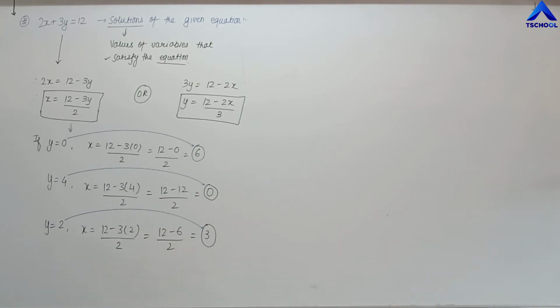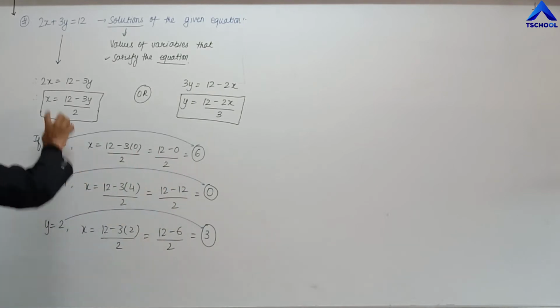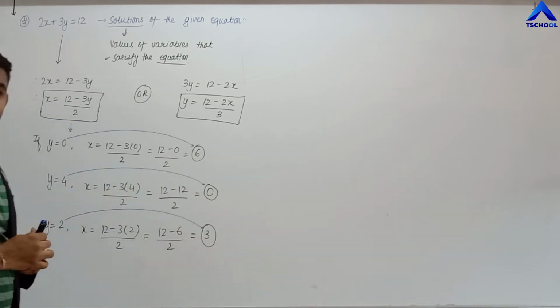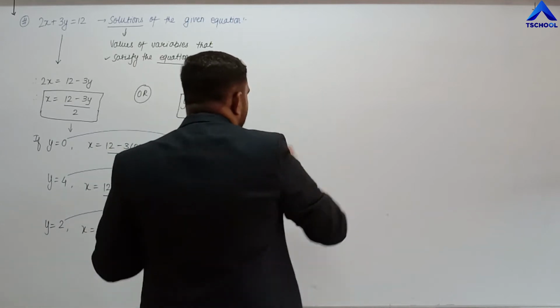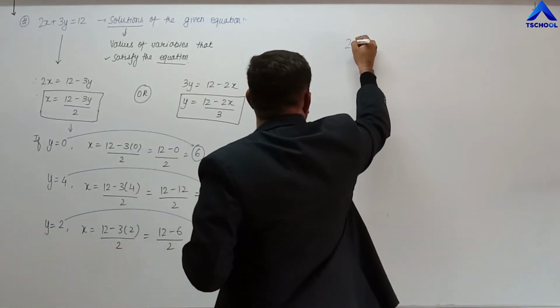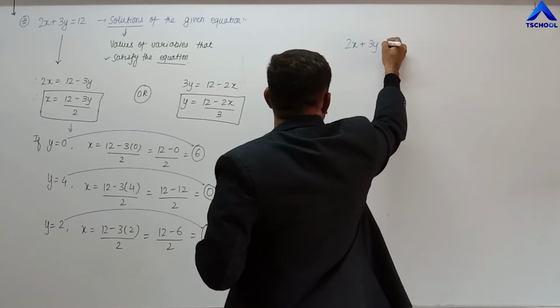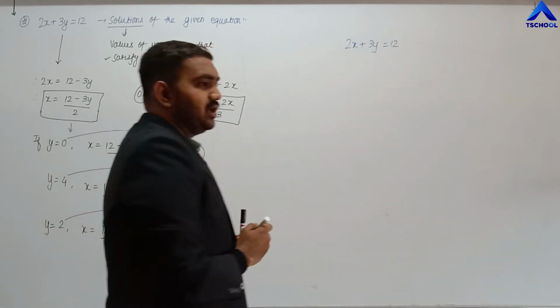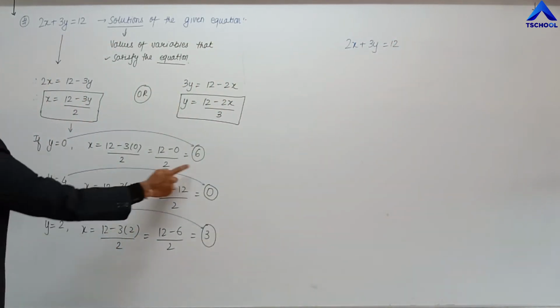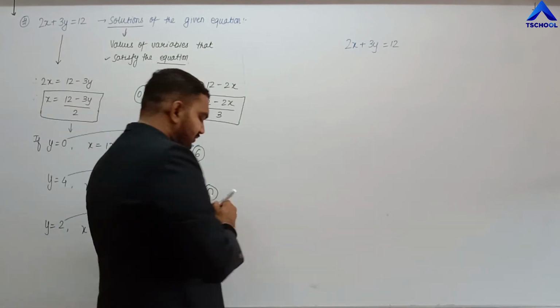Simply it means that if I take x equals to 6 and y equals to 0 in this equation, right? The equation we had was 2x plus 3y is equal to 12. What is the first solution we got? x equals to 6 and y equals to 0.